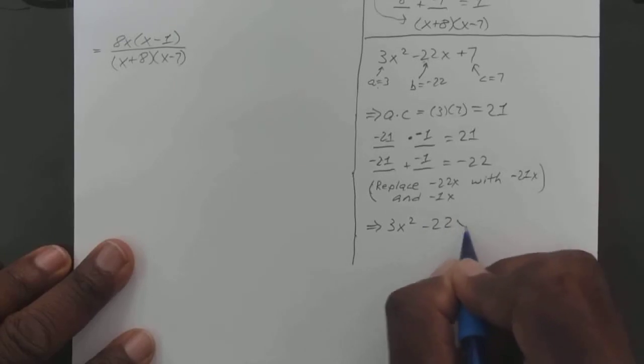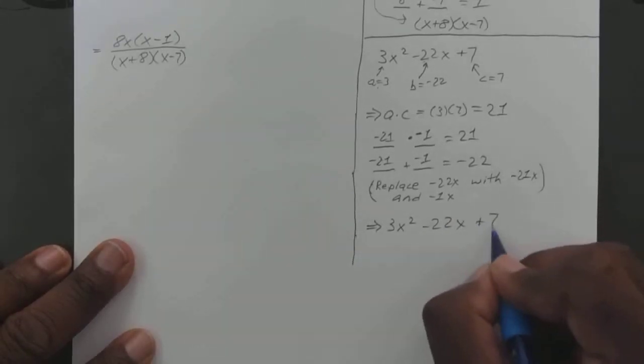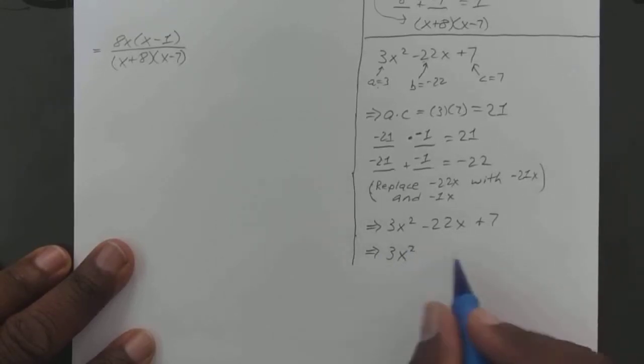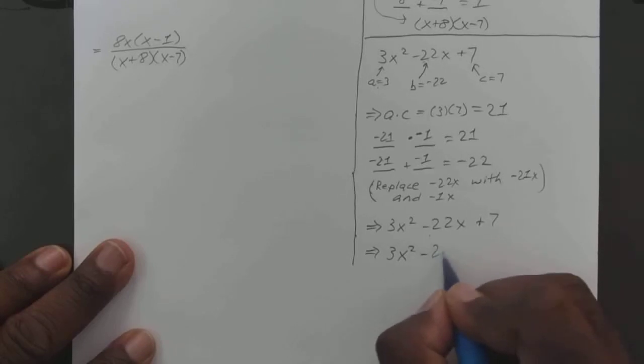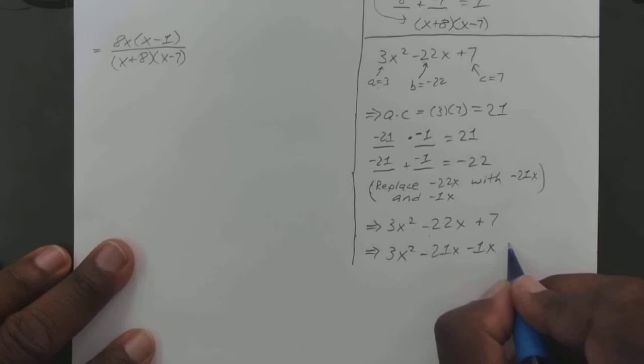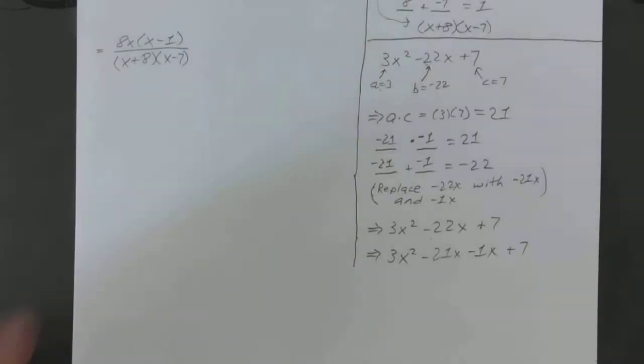Okay, so that means our 3x squared minus 22x plus 7 will now become 3x squared minus 21x minus 1x plus 7.